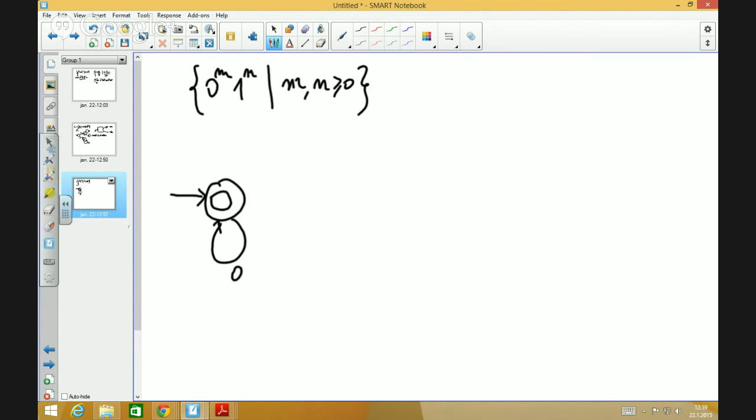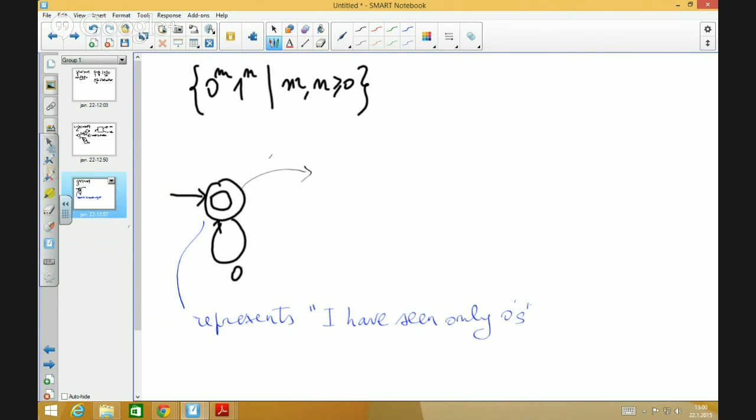So this state really represents I have seen only zeros. Since this state means I have seen only zeros, if I see a 1, I better change state. Because if I see a 1, I haven't seen only zeros so far.